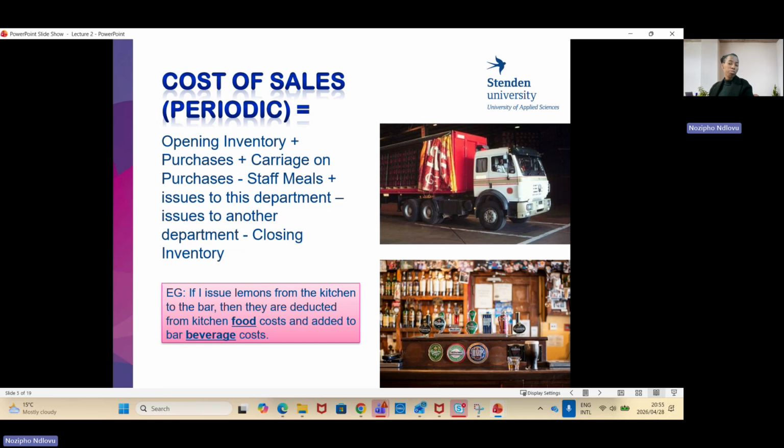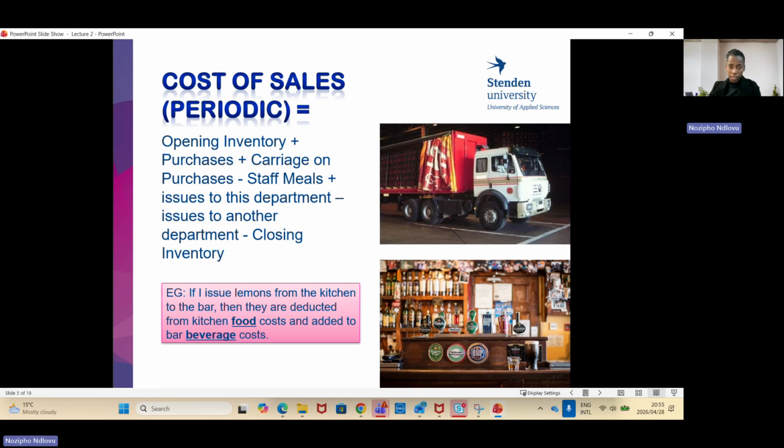We bought them for the kitchen, probably to use in the restaurant, but we realized that in the bar we need it for cocktails more, and there's not a lot of people that use this lemon. So what do we do instead of going to buy a new bag of lemons? We remove them from our restaurant and then we add it to the beverages cost. So it's important that you record almost everything that happens in the organization so that we know exactly where this was used.